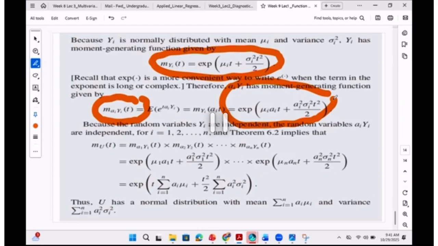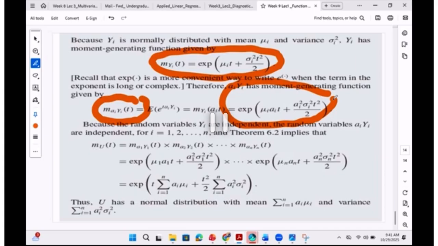Maybe I want to get the moment generating function for this guy here, U1, which is a1Y1. What is the moment generating function for U2, a2Y2? That's what I mean. So what is the moment generating function of Ui, aiYi, where i starts from 1, 2 until we get to n?